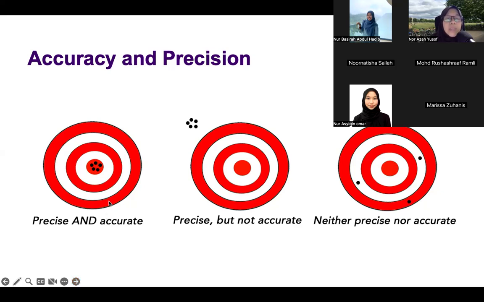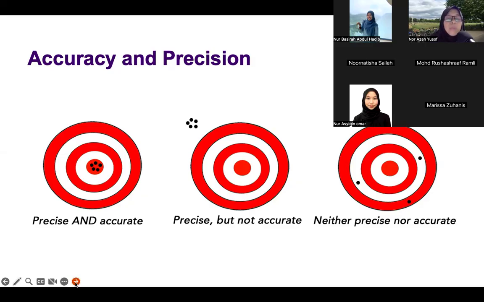The ultimate aim of our analysis, definitely we want it to be precise. The data should be close to each other and close to the target value. In this case, the middle area represents the target value, which means this is what we are targeting: precise and accurate data.